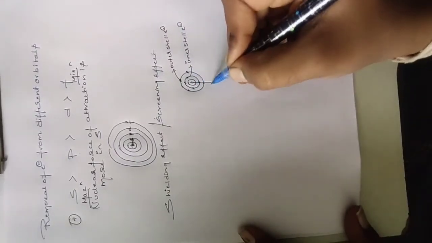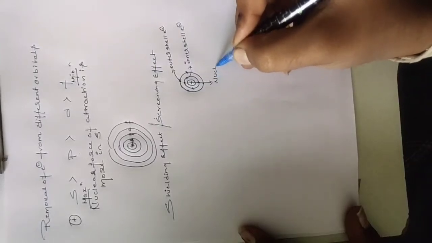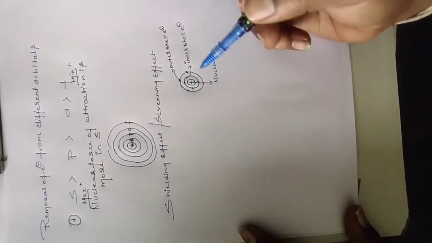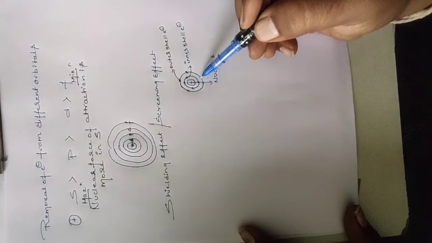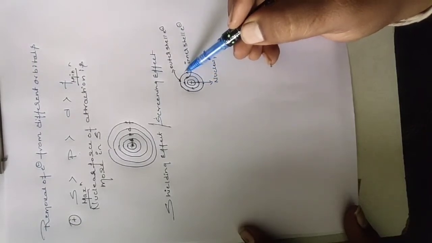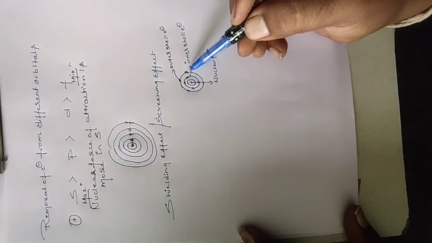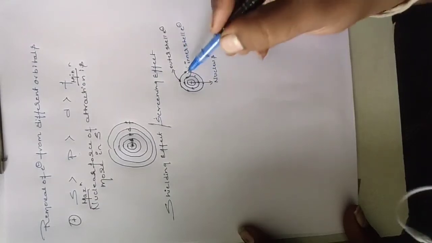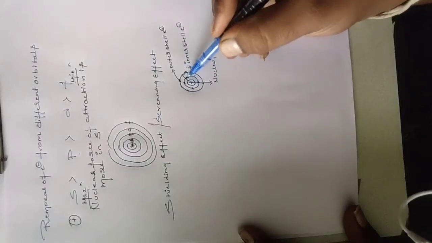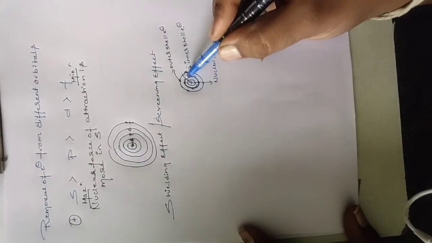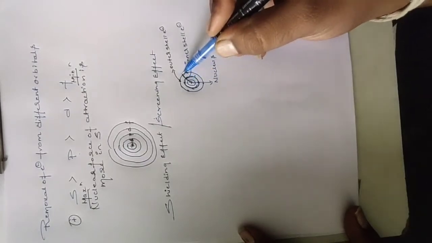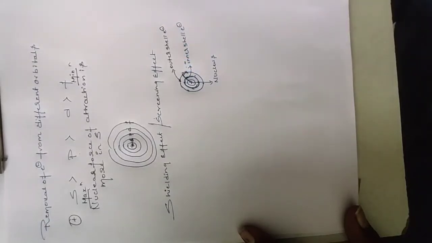Quite common, this is the nucleus. The electrons present in the inner shell will try to protect the outer shell electrons from the nuclear force of attraction. The inner electrons protect the outermost from the attraction forces between the nucleus and the outermost electrons. It is called the shielding effect.